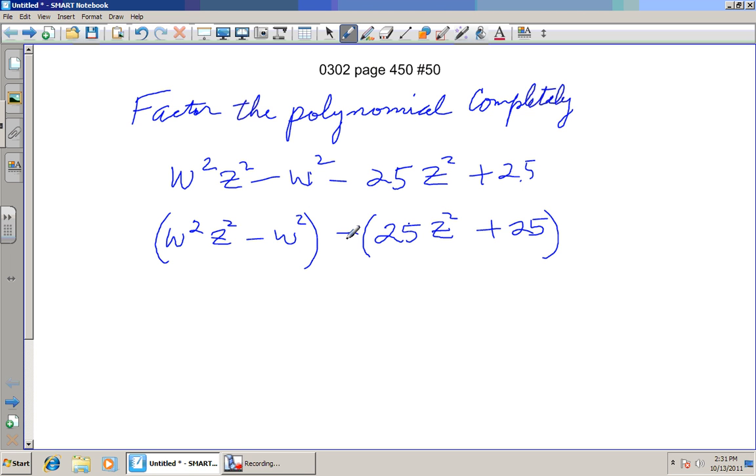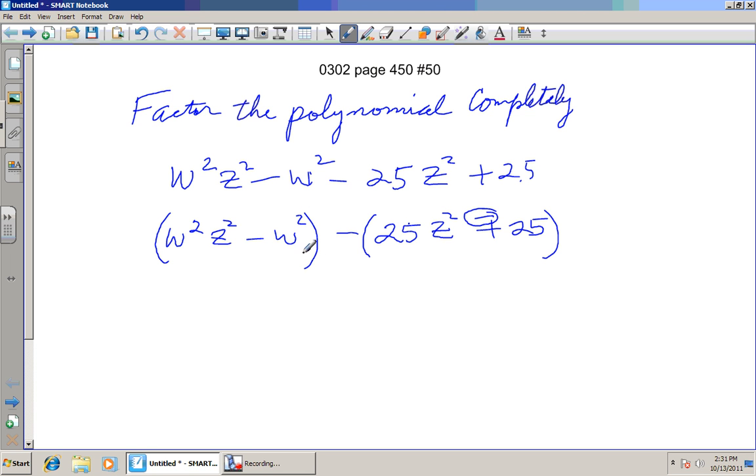But when I do that, I pull this minus away from this. So I'm going to have to change this to a minus. So when I multiply a minus 1 times 25 z squared, I get a minus 25 z squared. When I multiply a minus 1 times a minus 25, I get a plus 25. That's what we have to worry about when we put the parentheses in front of a negative sign.